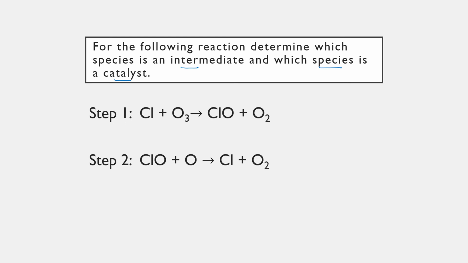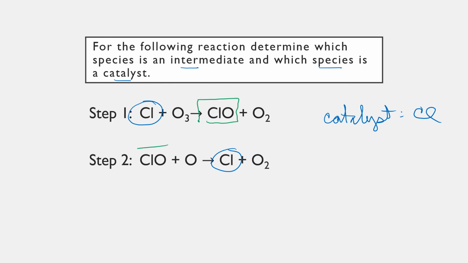So looking at the first one, I see Cl, and Cl is present as a product in the second step. So that is my catalyst. So Cl is the catalyst. And in the next part, I see that ClO is produced, and then it is a reactant.